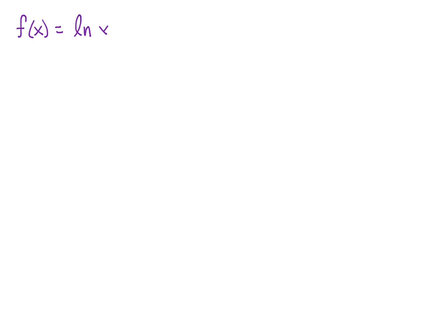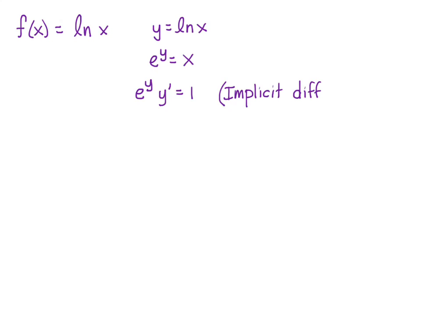Okay, so let's look at now the derivative of logs. How do we take the derivative of this? If I first set this up as y equals ln x, I'm going to rewrite that as e to the y equals x. Now we can use that really annoying technique from last semester, implicit differentiation. The derivative of e to the y is e to the y, and by chain rule y prime. And then the derivative of x is 1.